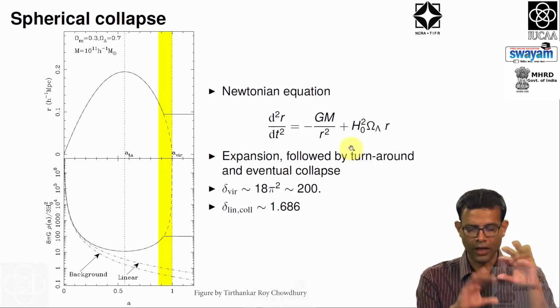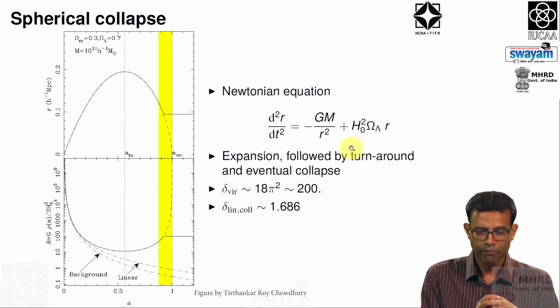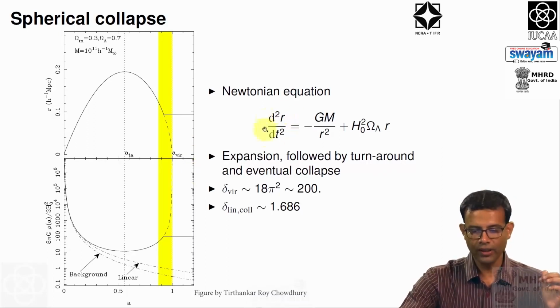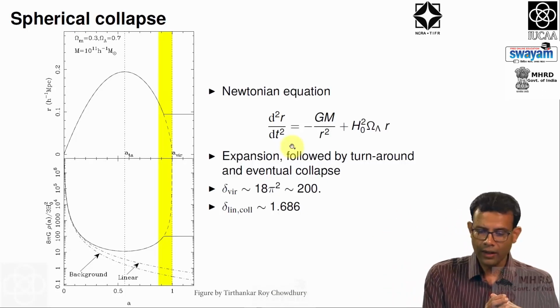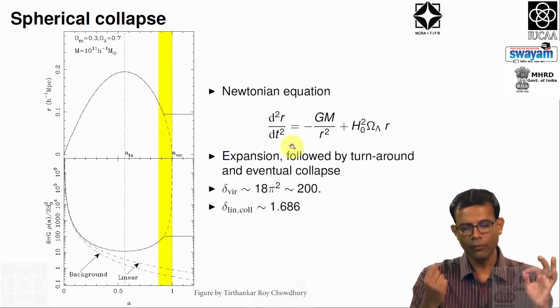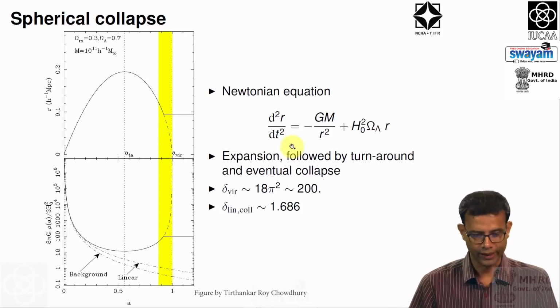So, there is some kind of randomization happening. The whole system effectively virializes. So, it is not this simple spherical solution anymore. Maybe the overall shape still remains spherical, but inside, the particles are moving in all sorts of directions.